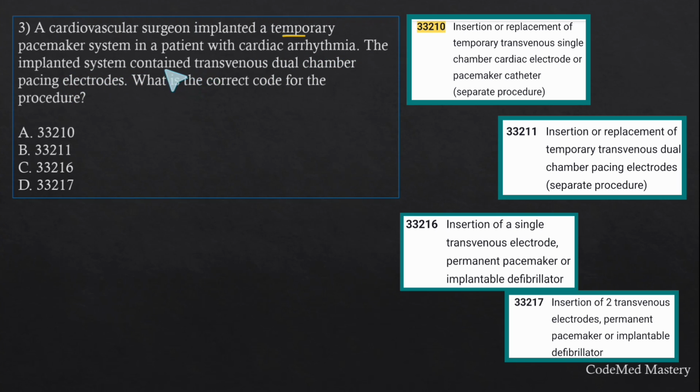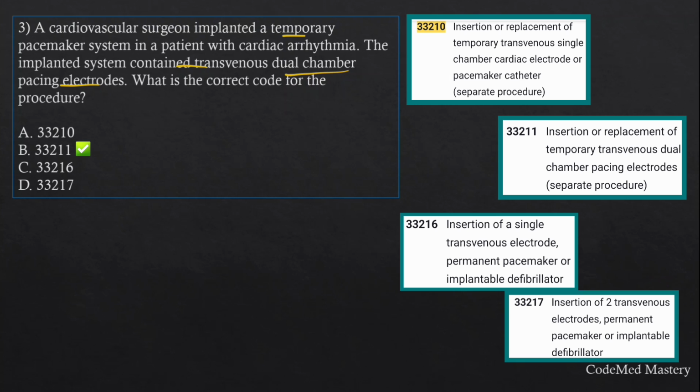The implanted system contained transvenous dual chamber pacing electrodes. Therefore, the right code for this procedure will be option B 33211. That is for insertion or replacement of temporary transvenous dual chamber pacing electrodes.